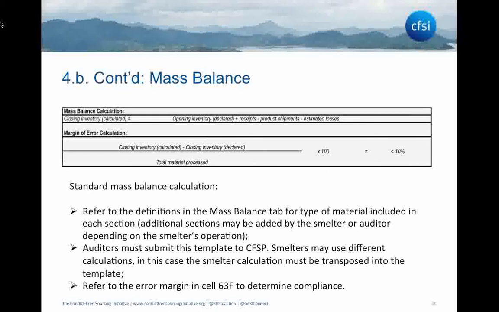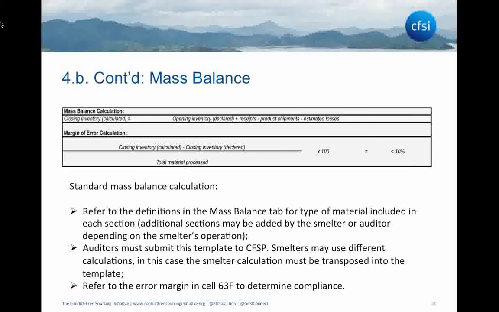So, for example, for material received, there is a certain number of descriptions of what type of material was received, so purchases or tolling or any other category of material receipt. If the smelter has other categories, such as customer returns or any other types of receipts, feel free to add those sections to the mass balance calculation.